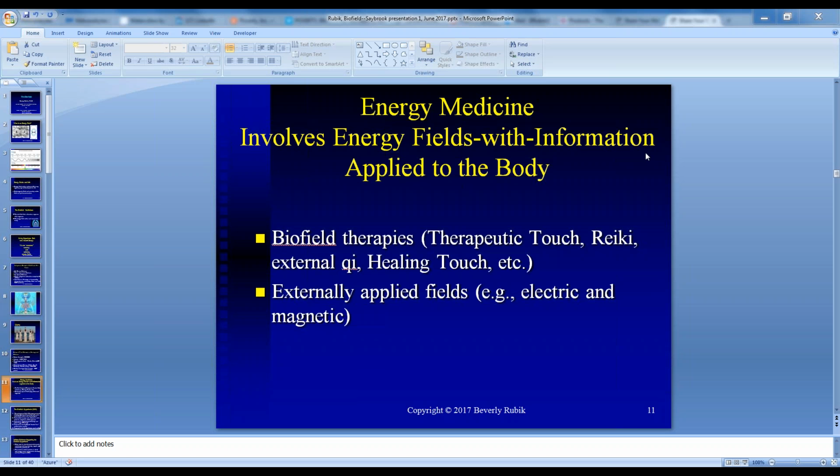So the biofield therapies are the various forms of laying on of hands or action at a distance, prayer-type healing, and some examples are therapeutic touch, Reiki, giving external chi from Qigong masters, healing touch, quantum touch. There are many forms of these today.